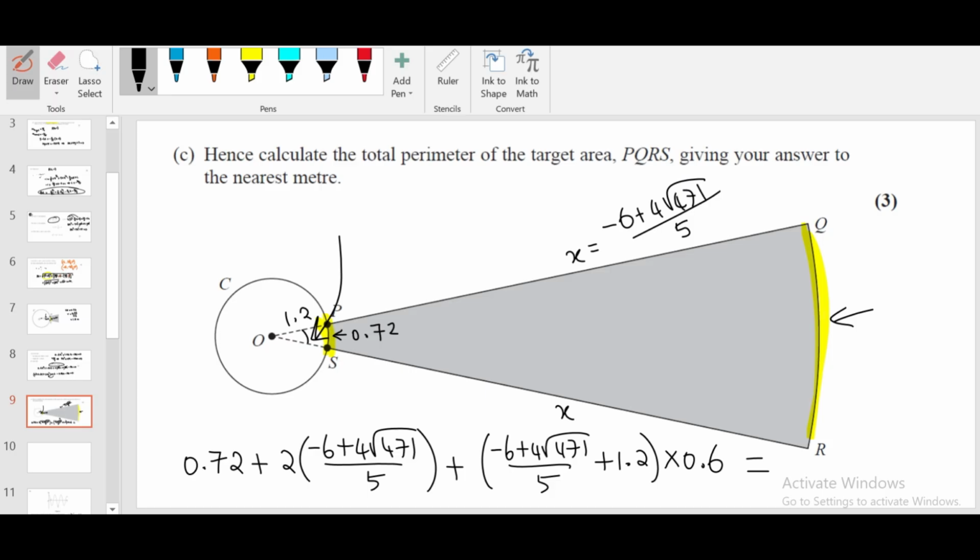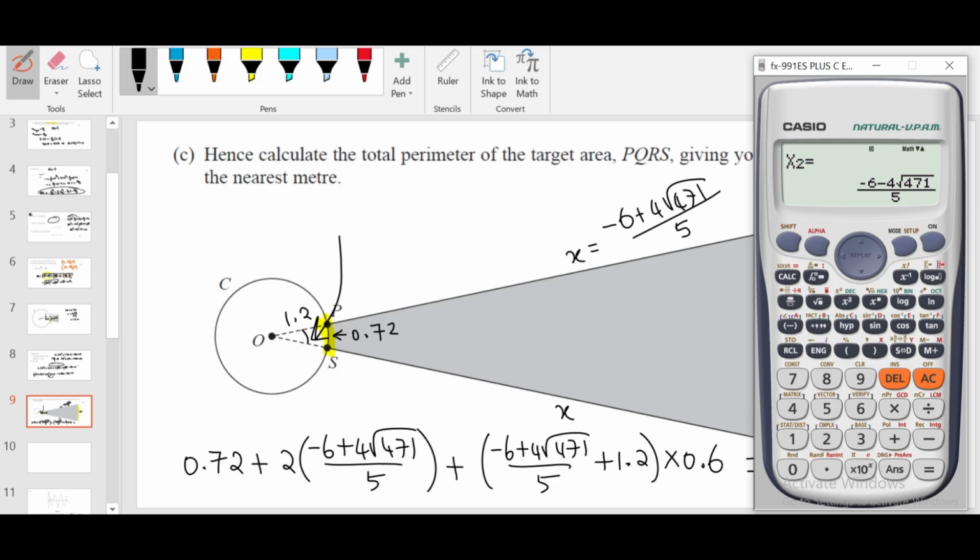So I'm gonna try to put everything in my calculator and see what happens. 0.72 plus 2 times minus 6 plus 4 root of 471 divided by 5, close the bracket, plus open bracket, minus 6 plus 4 square root of 471 divided by 5 plus 1.2, close the bracket, times 0.6.